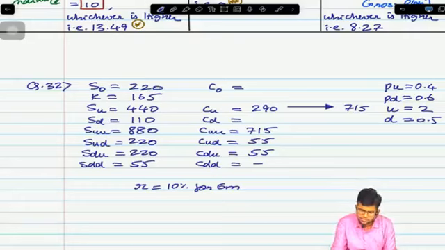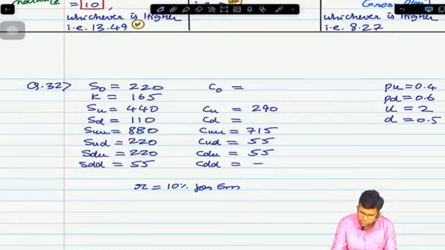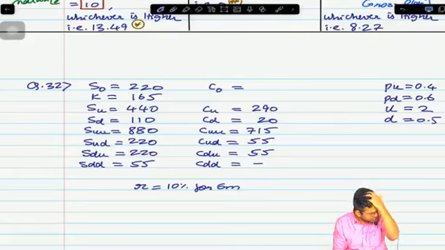Okay, so now you got U, you got D, you got 0.4, 0.6. With that, CU comes to 290. And CD comes to 20. Zoom people, confirm. Is this CD 20?